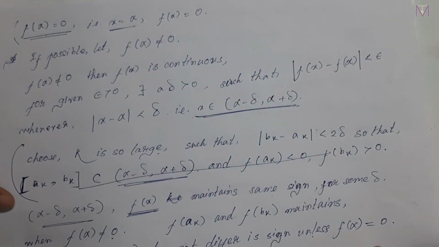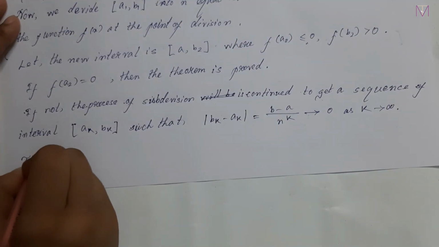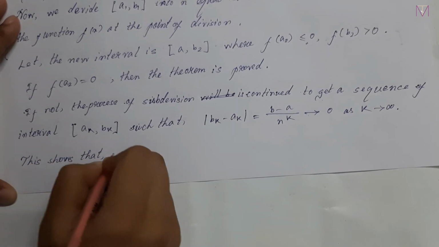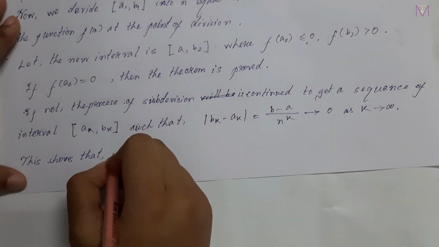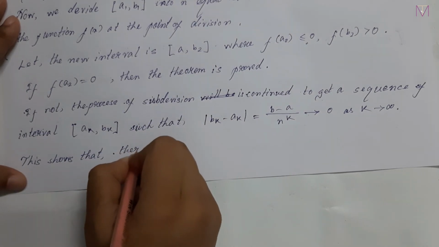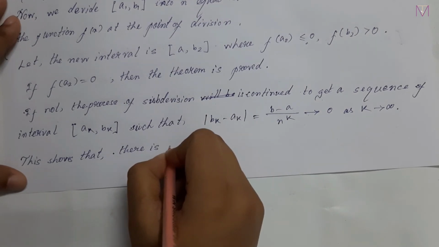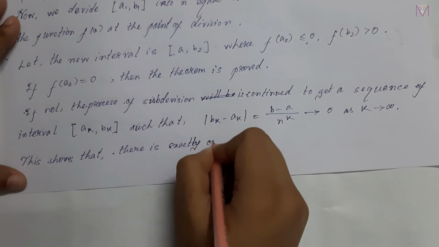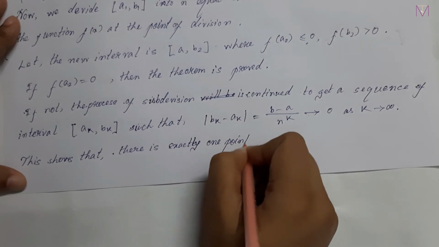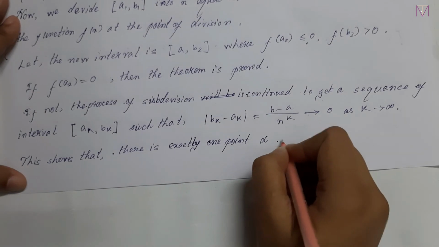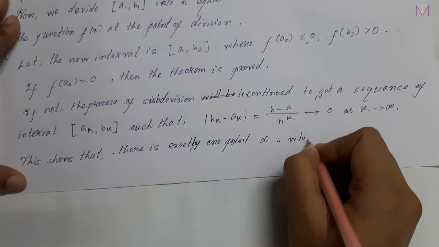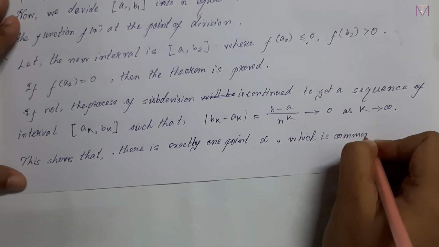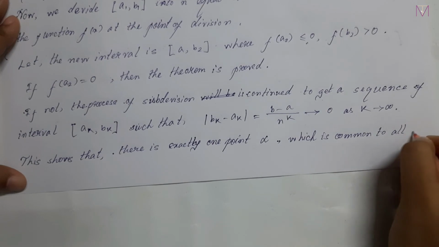So let's write this. This shows that there is exactly one point alpha which is common to all the intervals.